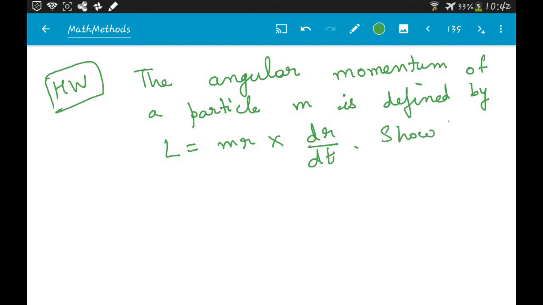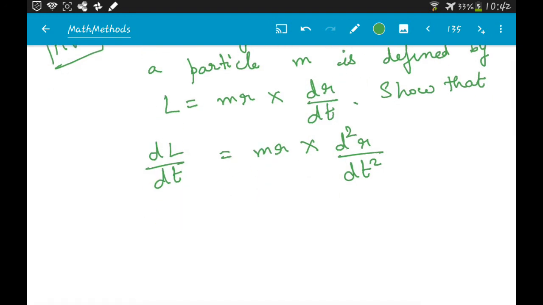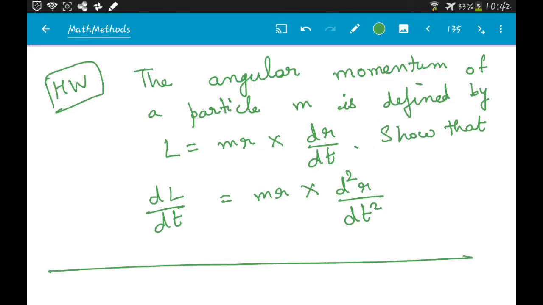Show that dL by dt equals m r cross d2r by dt square. So L is also a vector here, because r is a vector, dr by dt is also a vector, and so L is a vector and dL by dt will also be a vector. That's why these are cross products. So you need to find the time derivative of the angular momentum. Okay, so these are your homework problems. All right.